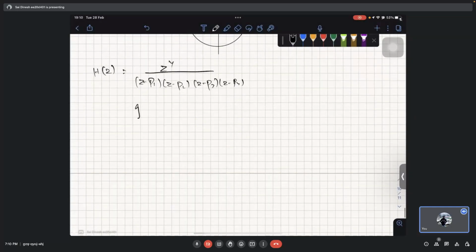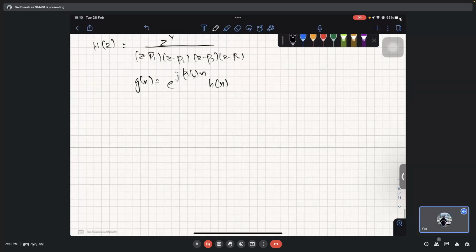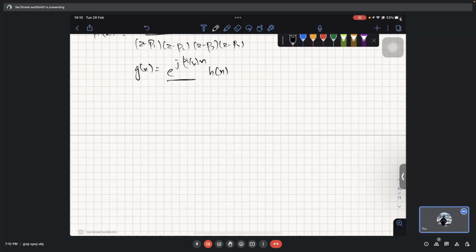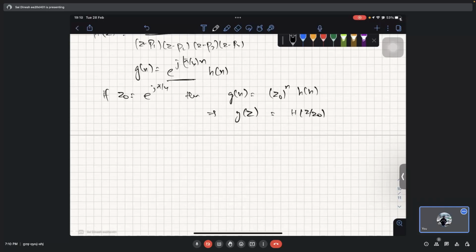So I'm doing the question where g of n is e power j pi by 4 n into h of n. If z naught is e power j pi by 4, then g of n is z naught power n into h of n, which implies g of z is equal to h of z by z naught, and ROC is mod z naught times the actual ROC.